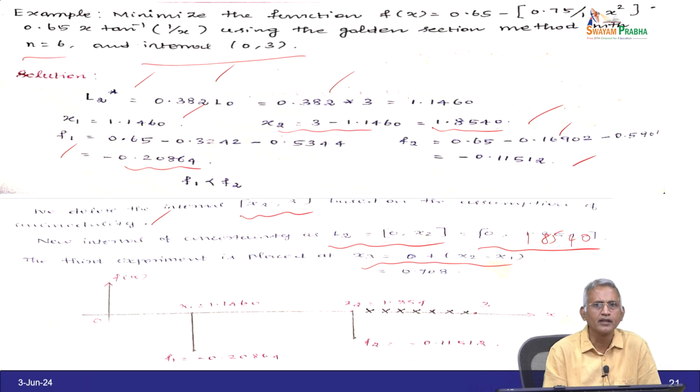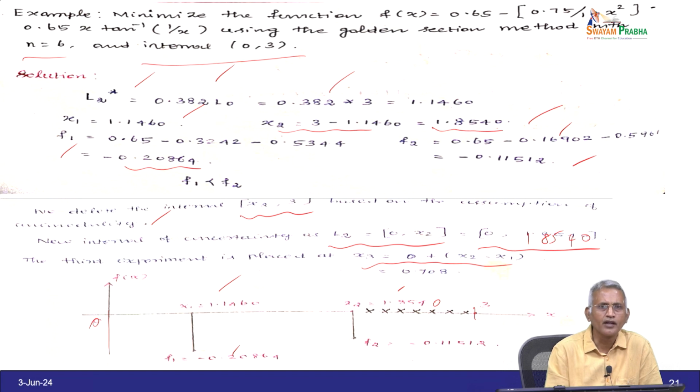Now, take the graph: the maximum limit is 3, the minimum is 0, x1 equal to 1.1460, and x2 equal to 1.8540, which is greater than x1 and less than 3. f1 equal to minus 0.20864, f2 equal to minus 0.11512, and compare these two: here it is 0.20 and here 0.11.